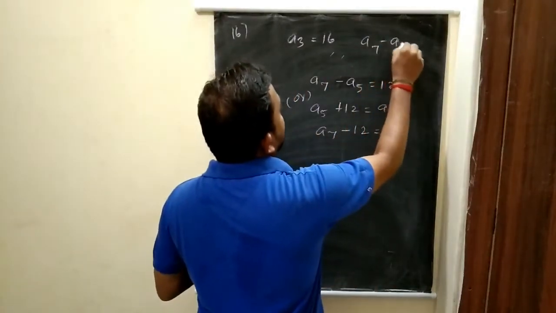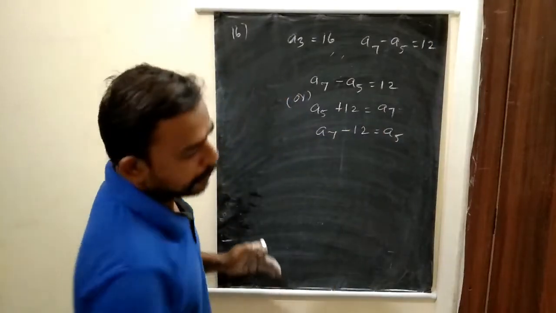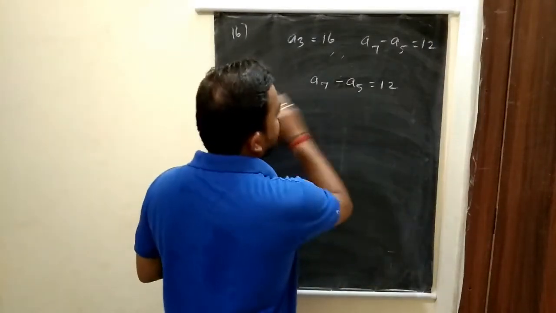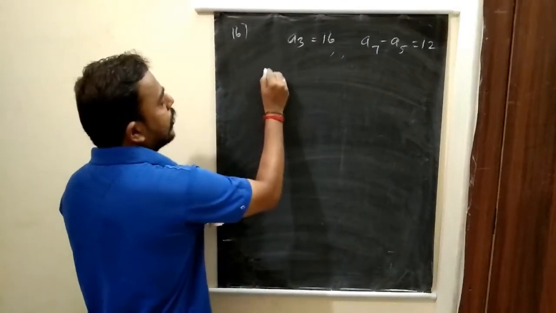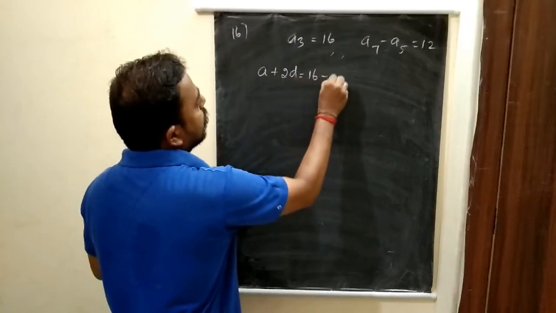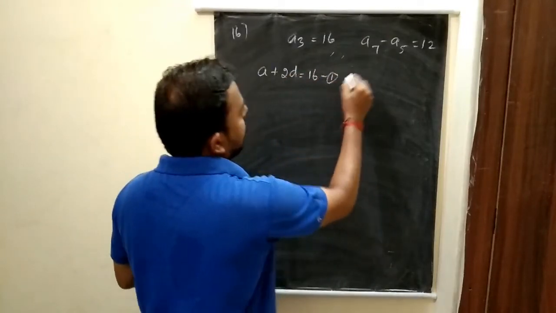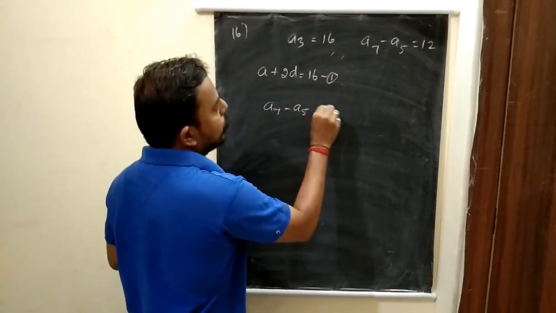Given A7 minus A5 equal to 12, using this determine the AP. So A we need to find and D we need to find by solving these equations. So A3 equal to A plus 2D equal to 16, first equation. And here A7 minus A5 equal to 12.